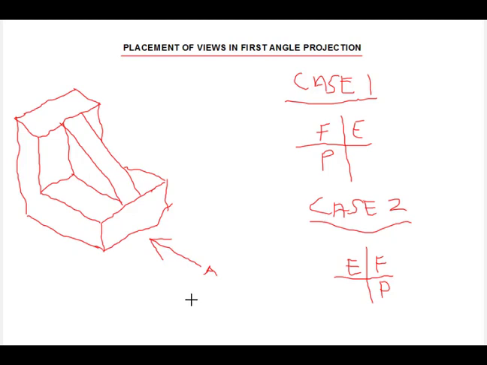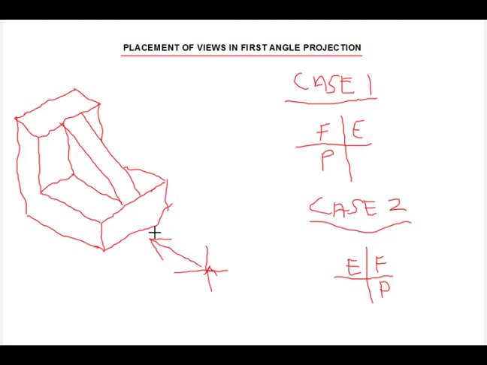The quadrant in which the arrow falls is the quadrant in which we draw the front view. In this case, the arrow falls in the second quadrant.